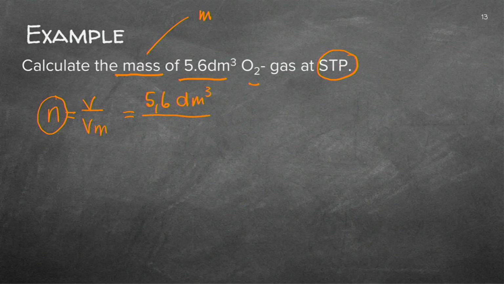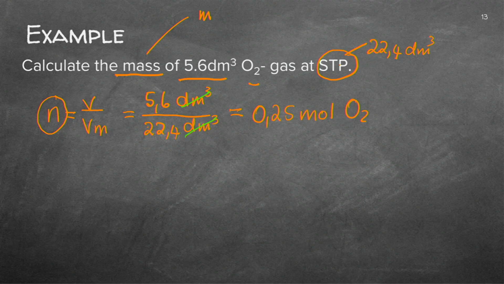I know it's STP, so therefore it's 22.4 cubic decimeters. I can thus calculate the mole, and you don't have to write down the unit like I did. You can leave this. I'm just doing it so that you can see I'm working with the same unit. And if you now do your calculations, you will get an answer of 0.25 mole, and it's oxygen gas.